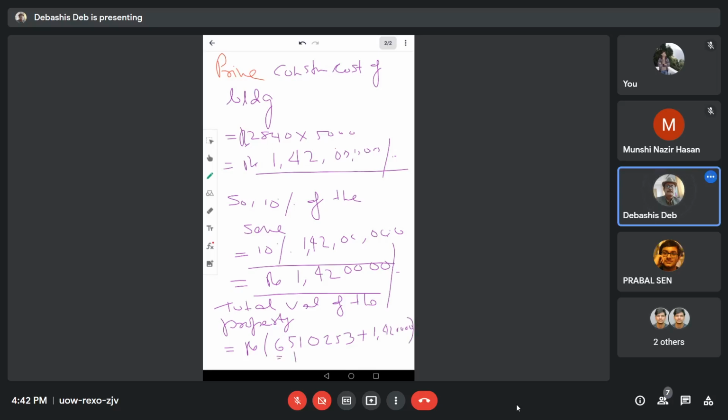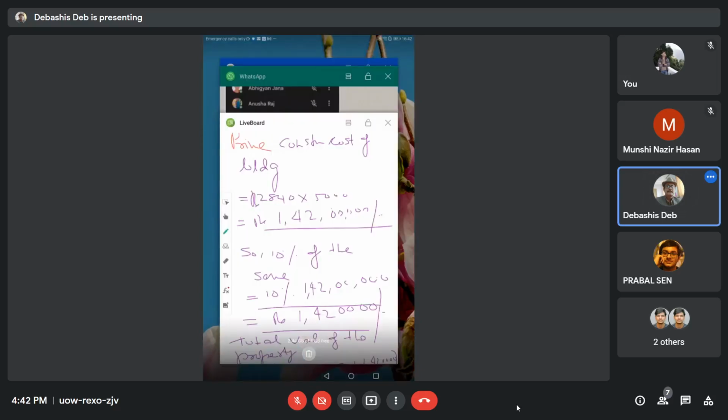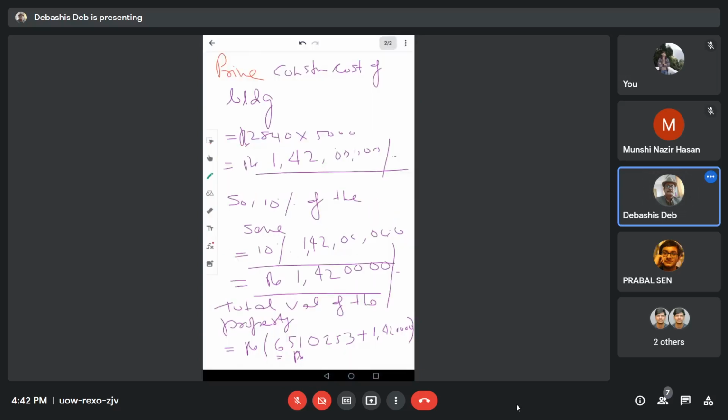How much is it coming? Adding, rupees 7930253. Okay. This is the value of the property.